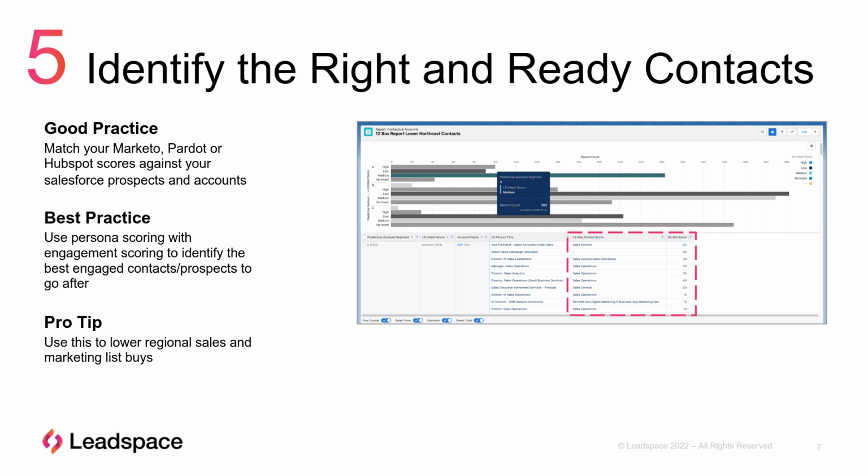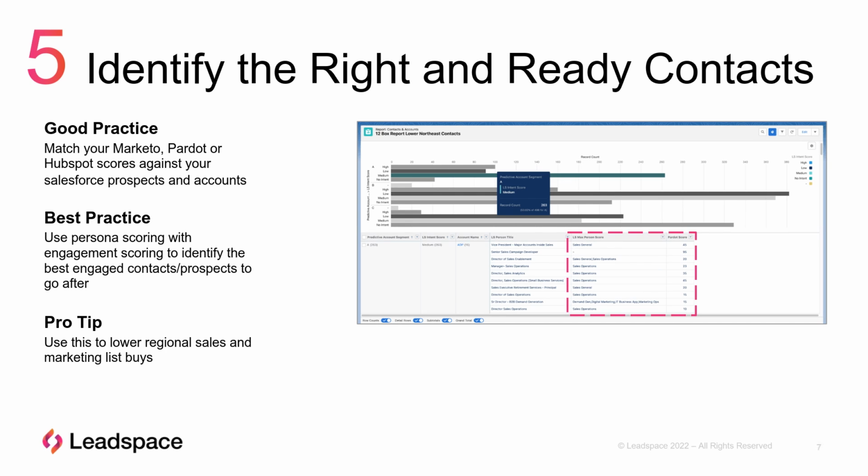And again, I'll show that in a minute. But if you know that there are certain personas that you want to target because that's who buys your product, whether it's marketing operations, digital marketing, maybe you're selling into IT operations or development, whatever those are, it's important to automate those types of scores so they're correlated. The pro tip is that you can use this to really focus and target how you are going to market.